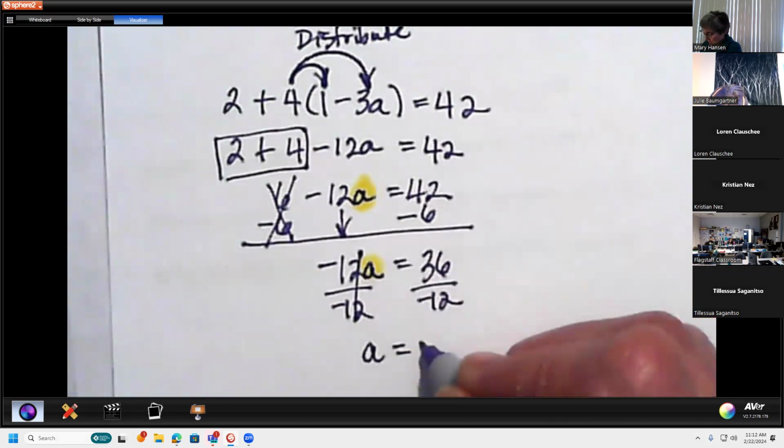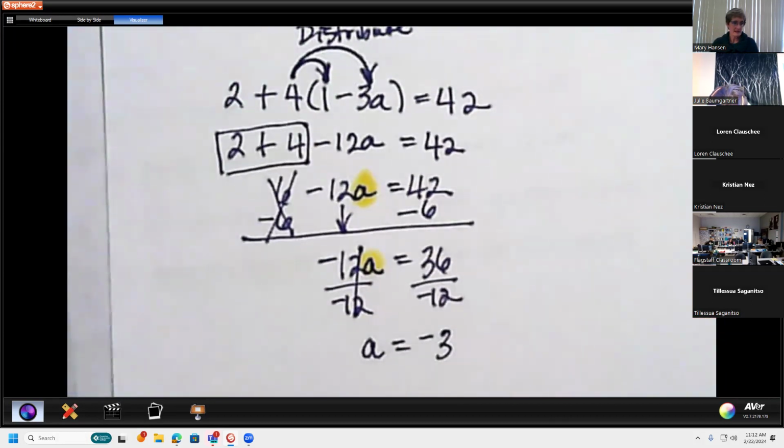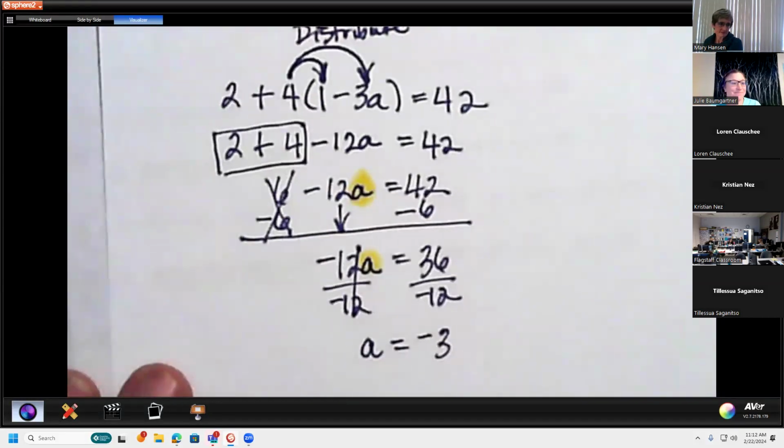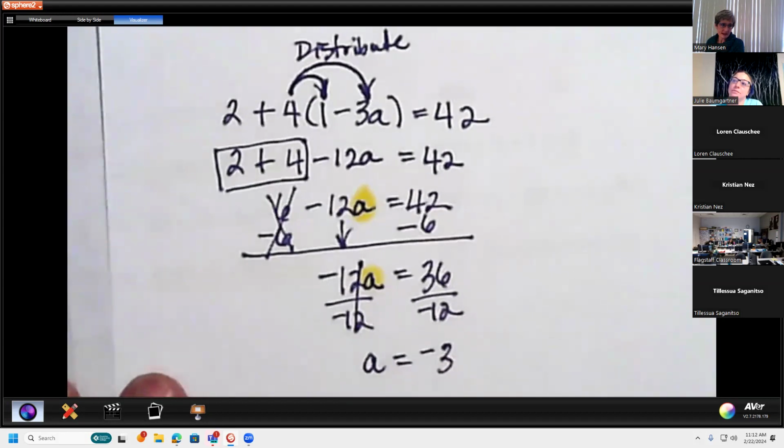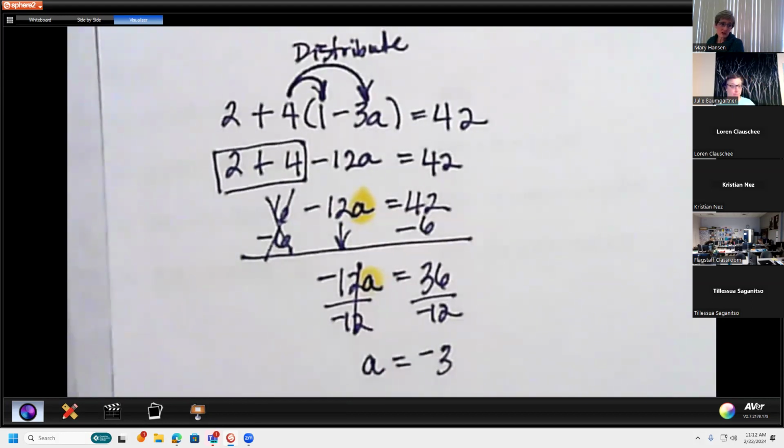The signs are different, so the answer is negative. Good job. I'm getting some answers in the chat of -3. Everyone seen how that's working? And we've come a long way in our solving equations. And if you're still feeling like it's pushing you to keep up, that's okay. It just takes some practice.